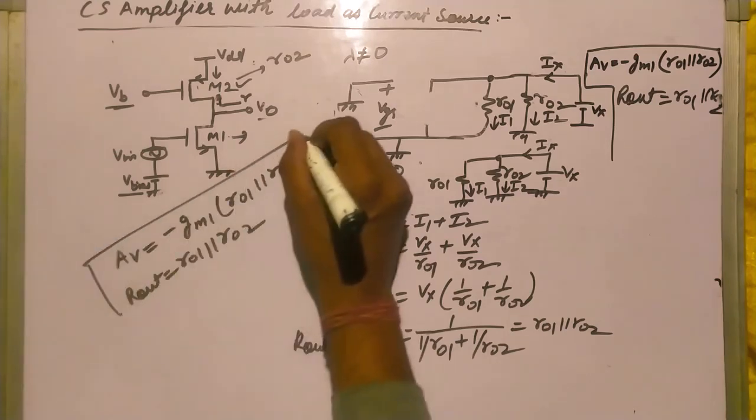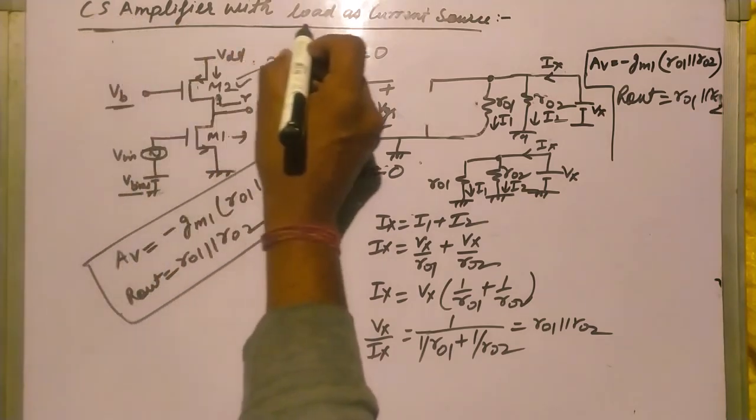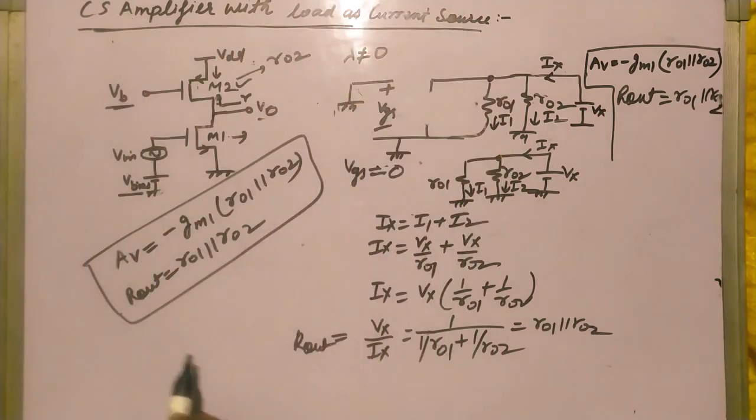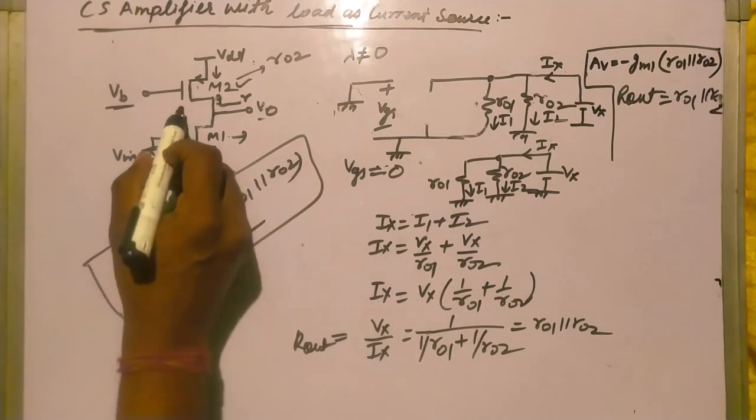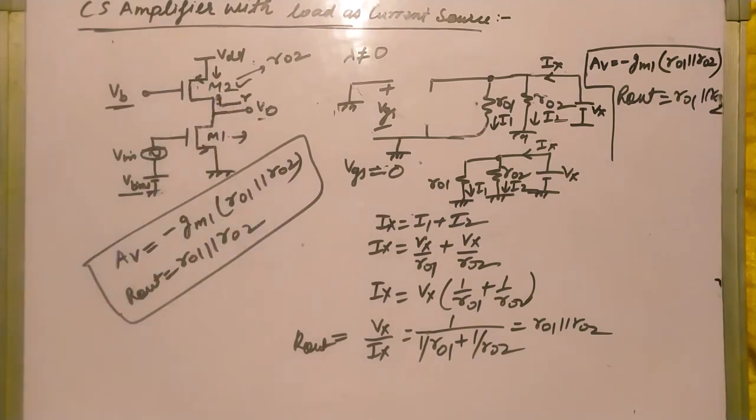So this is the answer for the common source amplifier with load as a current source, and the current source I am making with the help of the PMOS transistor. So it's very easy to calculate the gain.